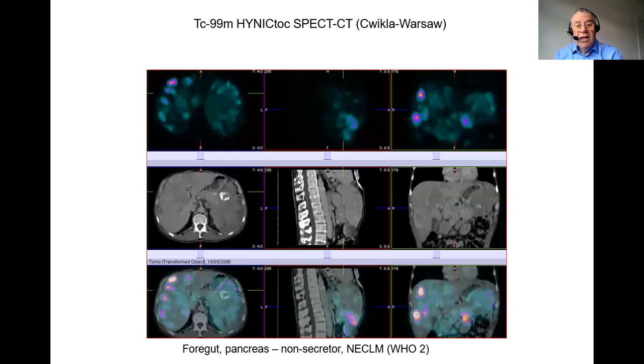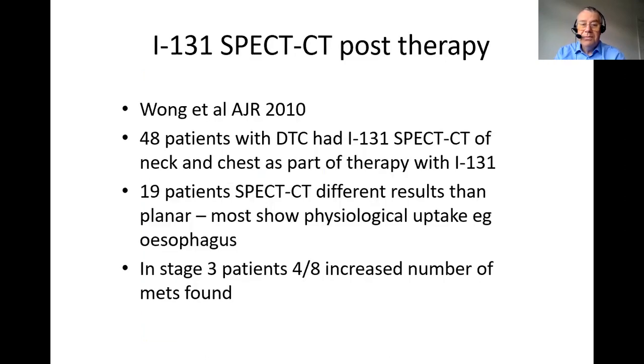And this is taken from one of my colleagues in Warsaw. In the early development of this tracer, it showed you can get very good quality images with the technetium product. In fact, you can get almost as good quality images as you can with PET-CT, but obviously until very recently, we were limited to which part of the body we could do a SPECT-CT in terms of the time of acquisition.